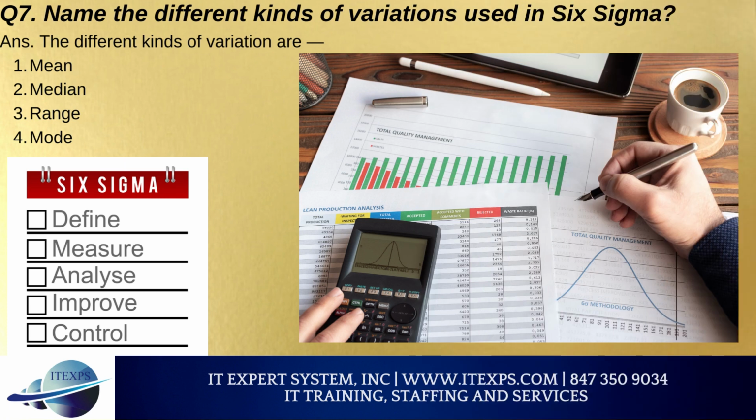Q7. Name the different kinds of variations used in Six Sigma. The different kinds of variation are mean, median, range, mode.